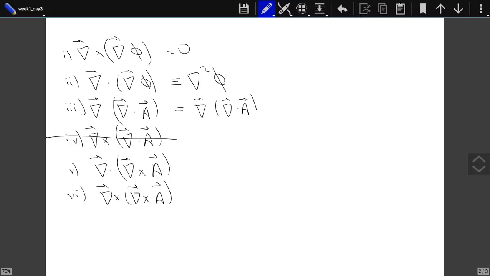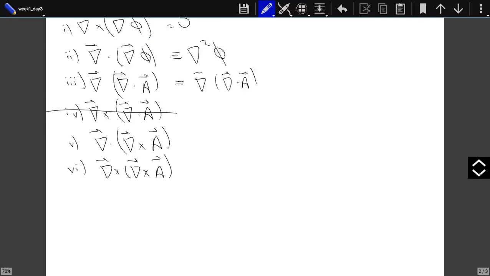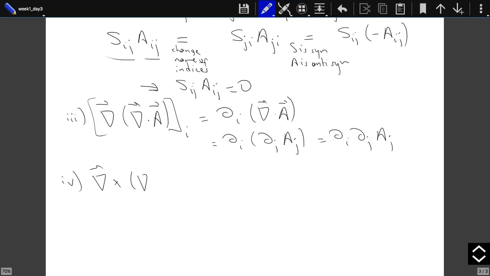It's a scalar function. You cannot take its curl. Divergence of the curl, this exists. The scalar product just tells us that we have to multiply the corresponding components and sum them. Del i times curl of A, the i component.